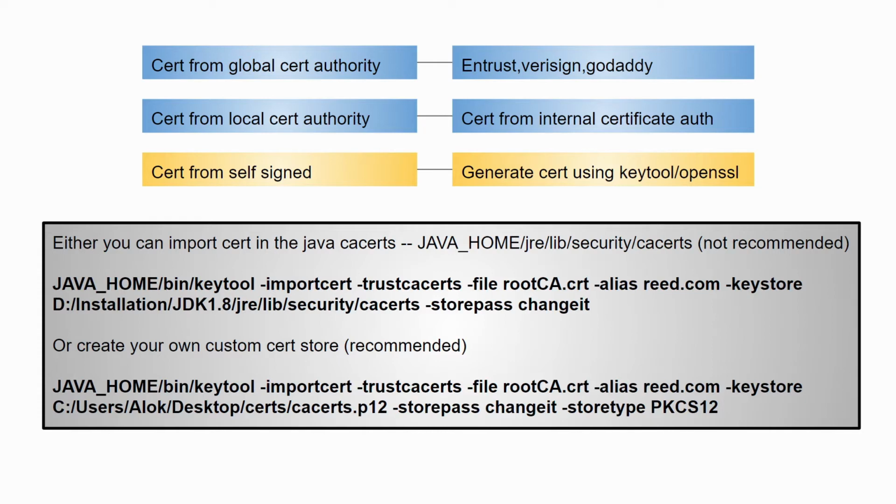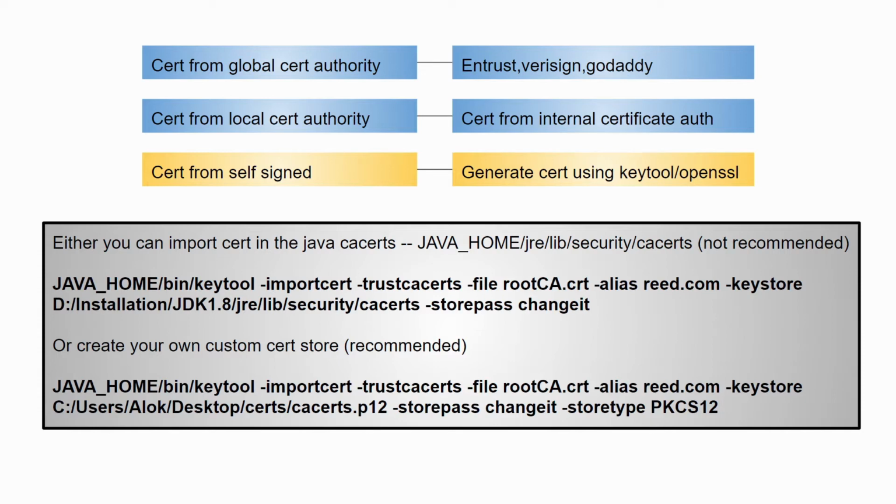Now, before we start coding in Java, in order to connect to a directory server on SSL port, we need to understand a few things about certificates. When you say certificate, there could be three cases.